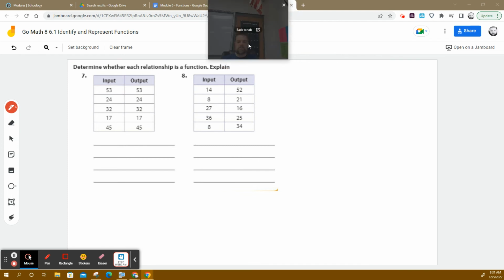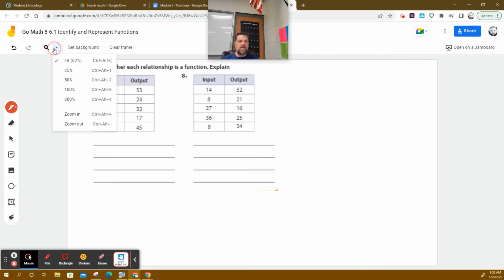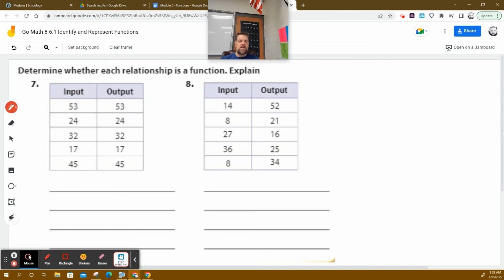So let's move on to this section. Now this one, basically the same thing. We're going to look at the input values, which are the x's, and the output values, which will be the y's. I've got a 53, a 24, a 32, a 27, a 45. So you're just going to say no repeating x's, right?